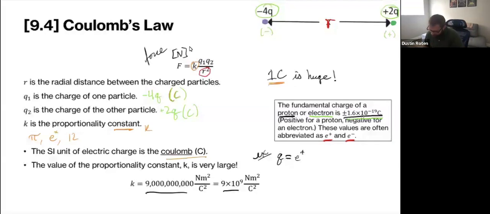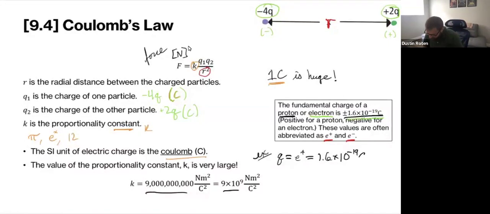So that would be 1.6 times 10 to the negative 19th coulombs. We could also say something like Q equals 2 E negative. So that would be 2 electrons. So it would be 2 times negative 1.6 times 10 to the negative 19th C.